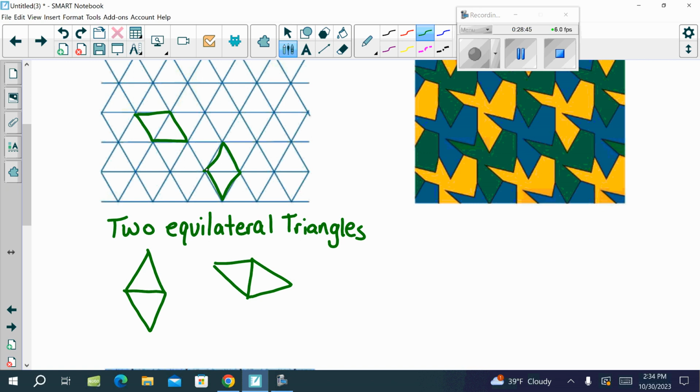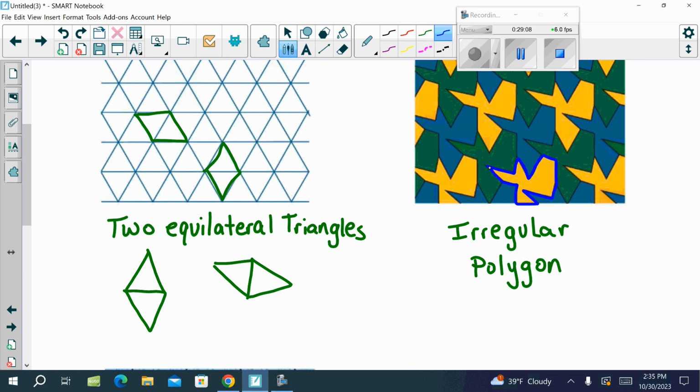Okay, this next one was like a bird looking thing. That is an irregular polygon. So this was, I called it like a bird looking thing. So this is your pattern.